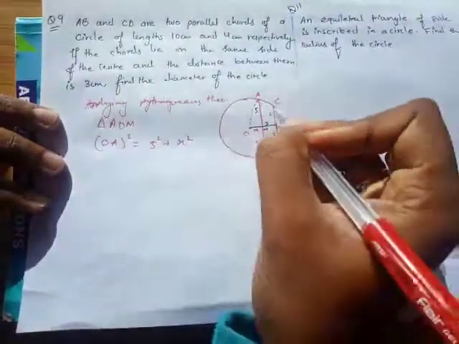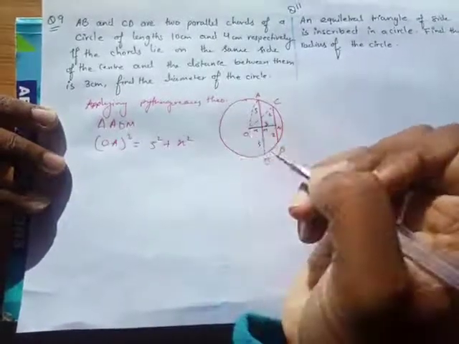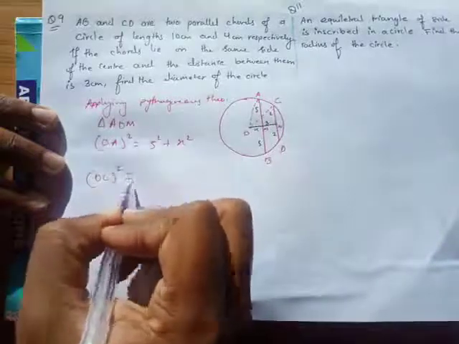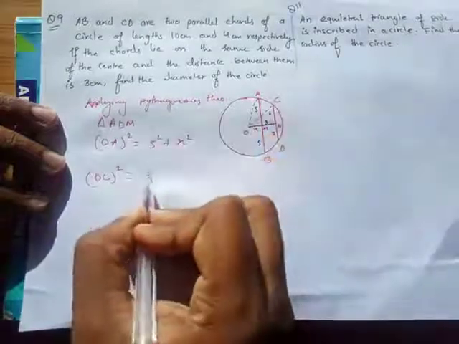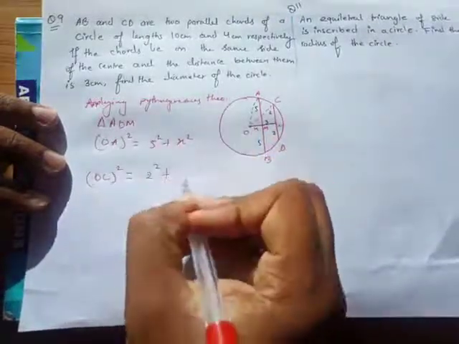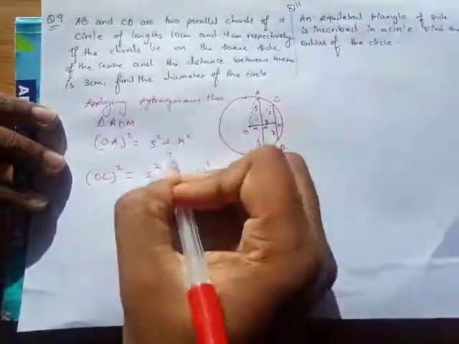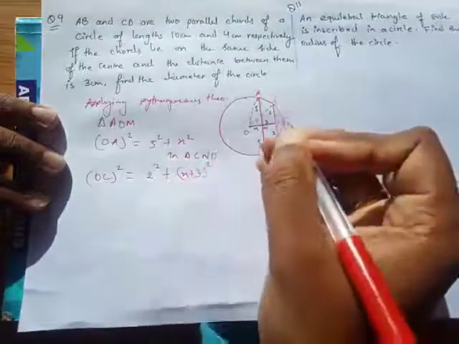Now if I have a look in this triangle, OC squared is equal to CN, that is 2 squared, plus x plus 3 squared. Why x plus 3? I am looking in triangle CNO.